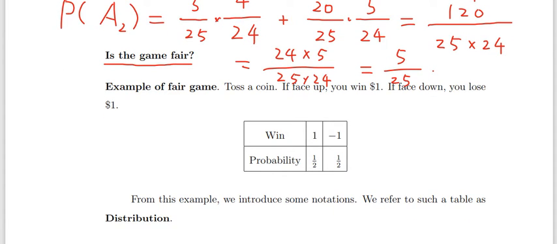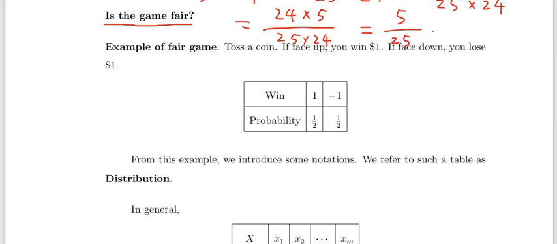First, let's check a fair game. If we toss a coin, face up or face down. If face up, you win $1, or I give you $1. If face down, you give me $1, or you lose $1.